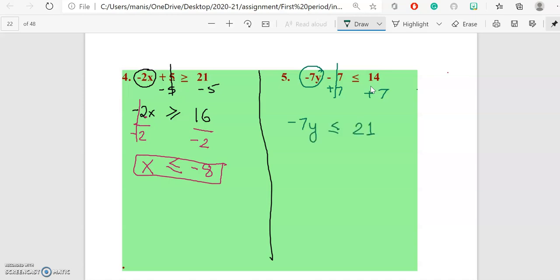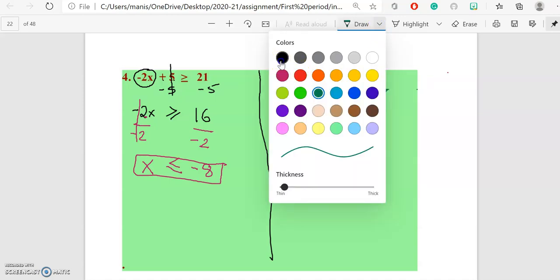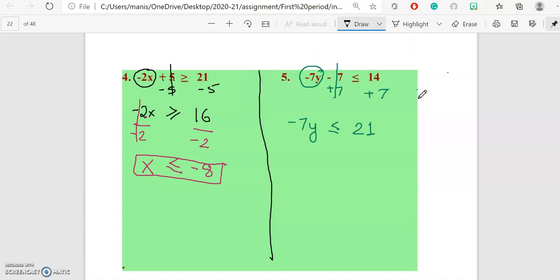Now let's do this part of the question. It says negative 7 times y. You see negative 7 times y. So this is negative 7 times, so I have to divide by negative 7 to get rid of this. So this should be very clear to you.